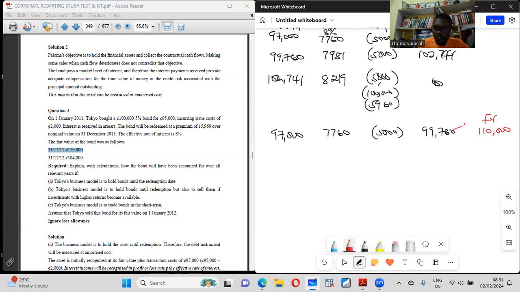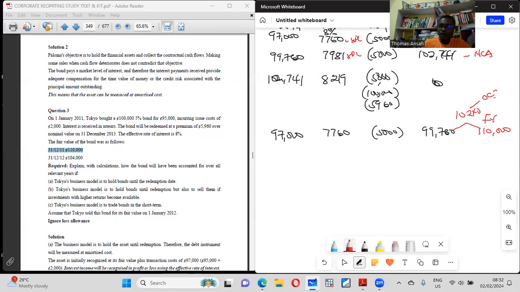All right. So the difference between this and this is how much? That will be going to the OCI. So 110,123 minus 99,760. That gives me 10,240. So ladies and gentlemen, this one will go to OCI. So here, the ones that we had, these ones were going to the SPL, then these ones were going to our NCA.